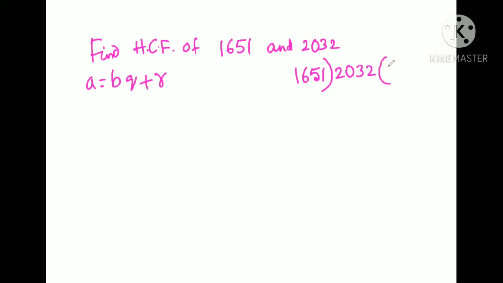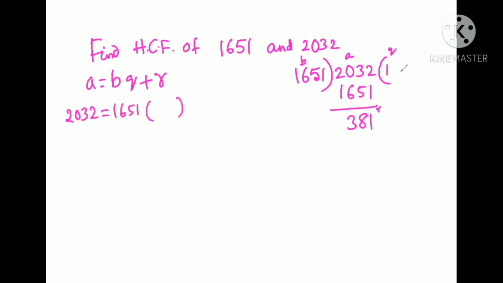Here 1651 goes one time into 2032. The remainder is 381. So here 2032 is a. This is a, this is b, this is q, this is r. So 2032 is equal to 1651 times q, where q is the quotient 1, plus the remainder 381.